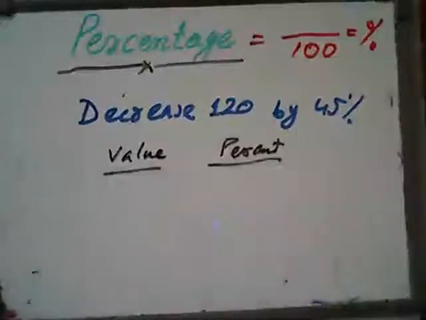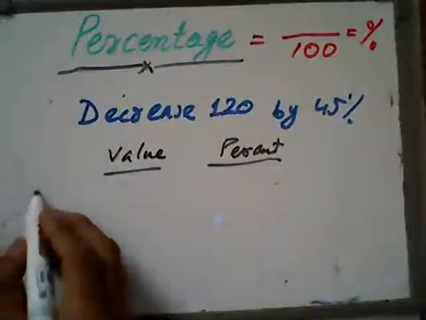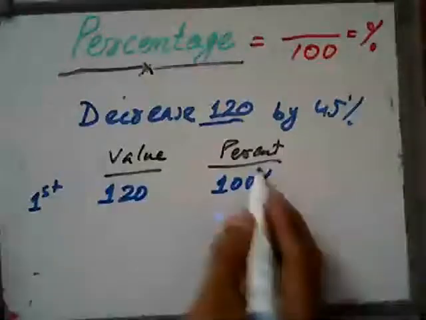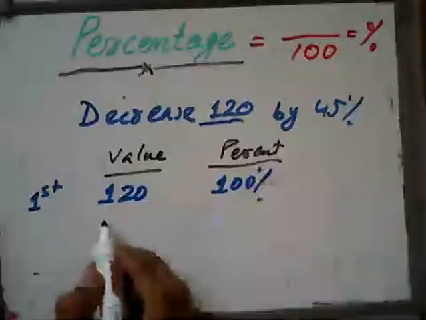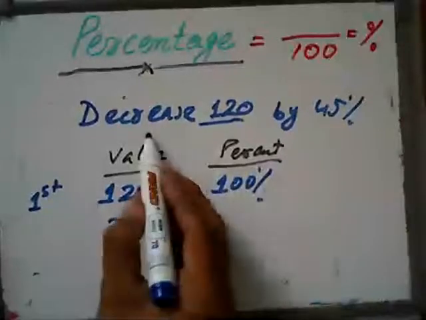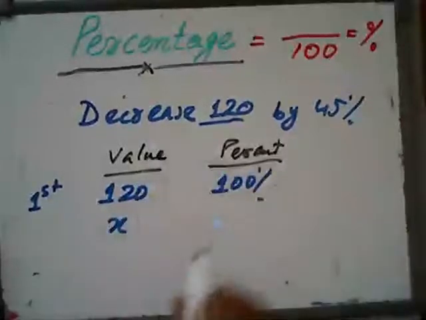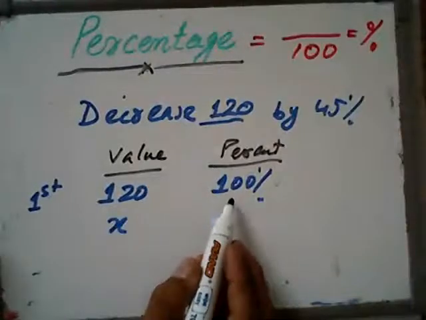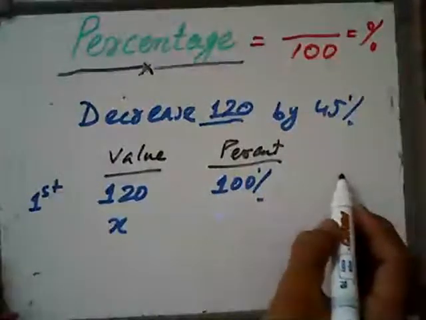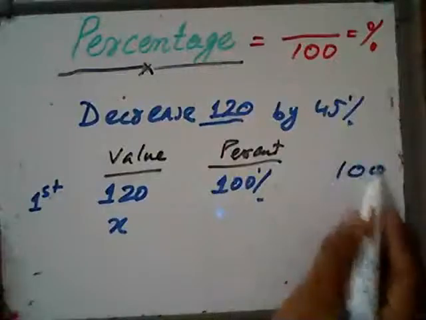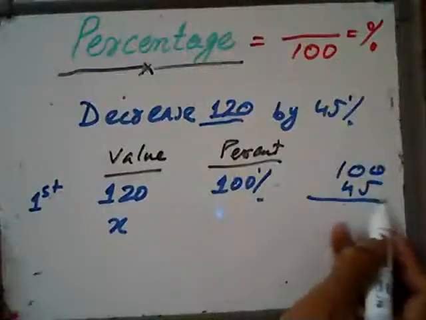What's the first value? The first value is 120, and the second value we don't know, so we consider this as x, but decreased by 45%. So after decrease, 100% is there, and after a decrease of 45%, how much will it be? So we subtract 45 from it.